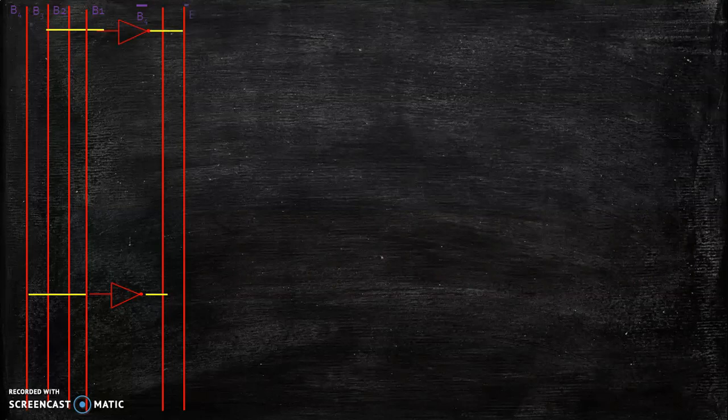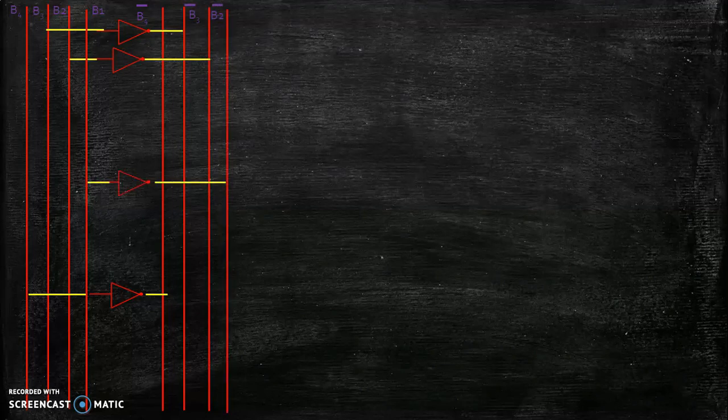We have B4, B3, B2 and B1, the 4 input variables. We use the NOT gate, as we discussed, to get first B4 bar, then B3 bar, then B2 bar and B1 bar.